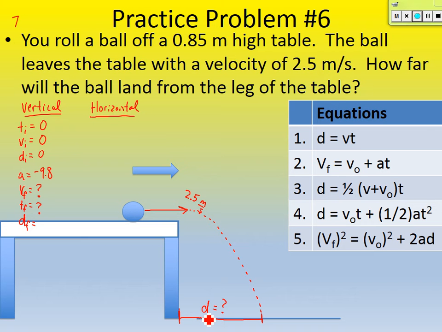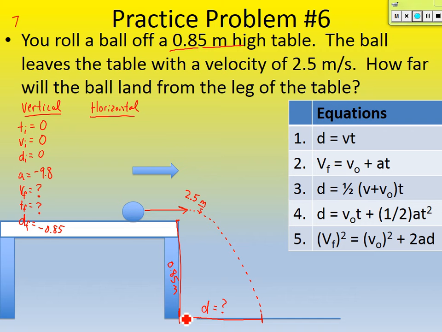Did it tell us? 0.85 meters high. So from here to here is 0.85 meters. That means our displacement is going to be what? Negative 0.85 meters. How come it's negative again? Because it ended up below where it started, and so its displacement will be a negative number.